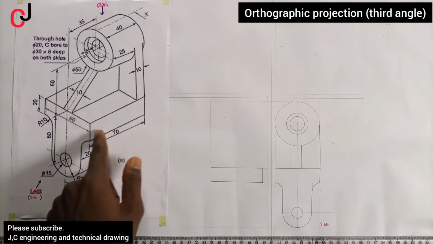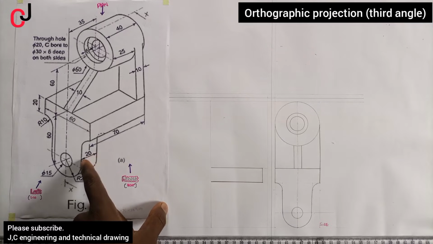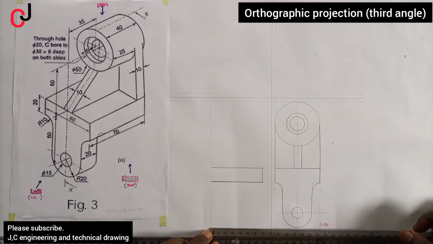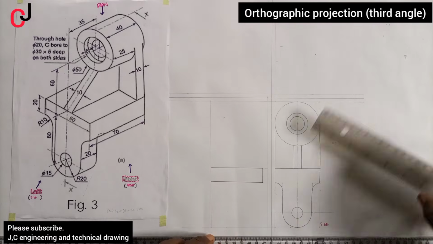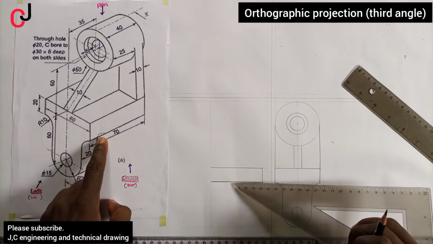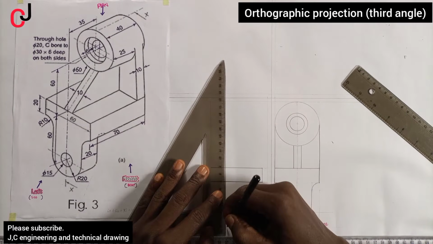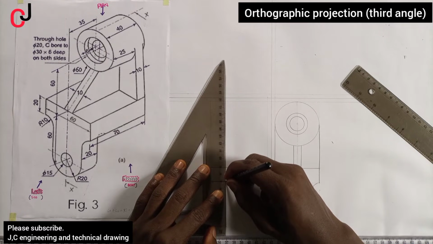You can see this portion here. And also you can see 20 millimeter here. So we'll measure 20 millimeter from our base line, indicate with the point. Then we'll project it with an outline to touch the base of this shaded point. So project upward the construction line.